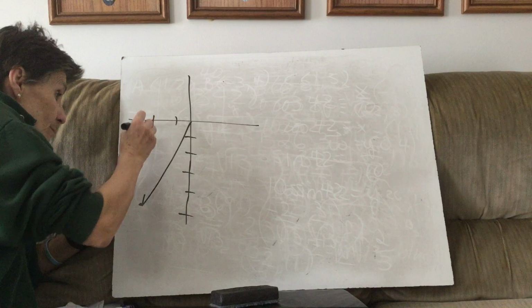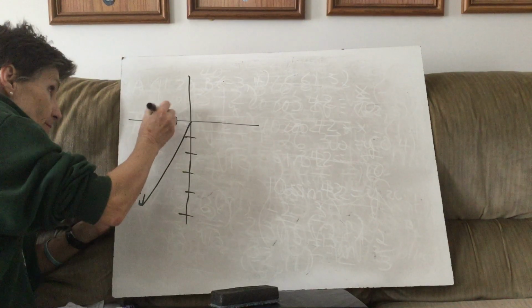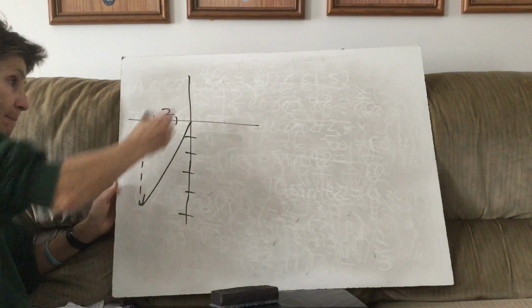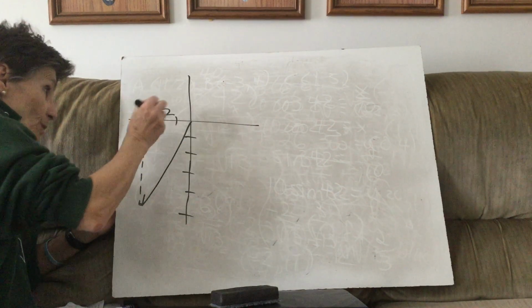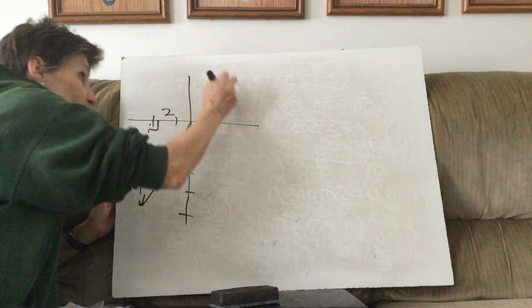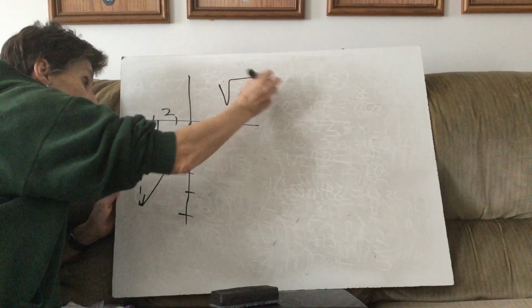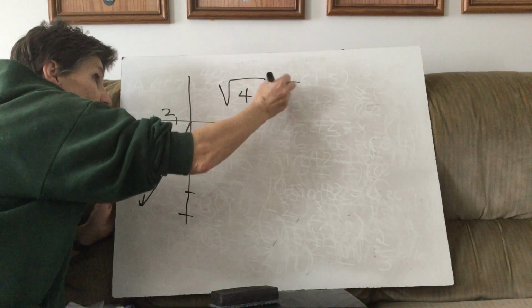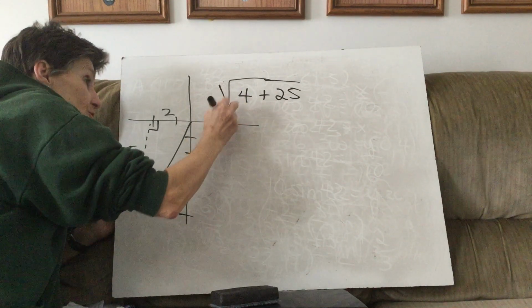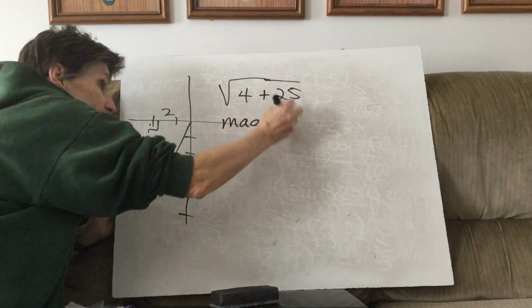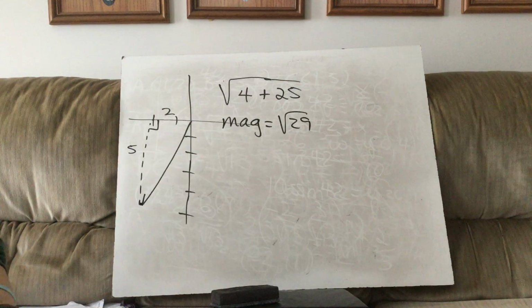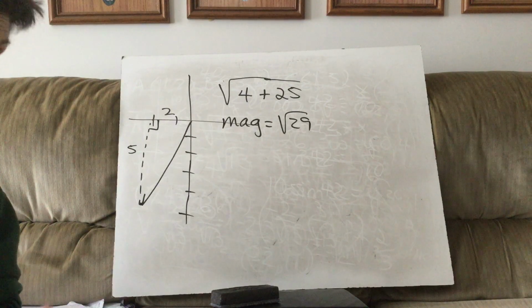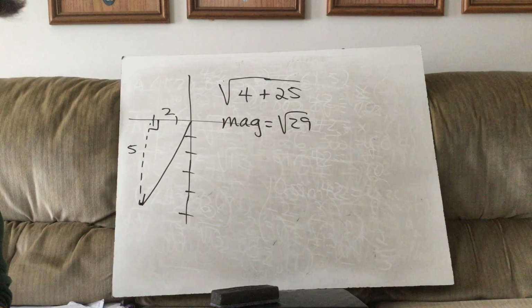So magnitude is easy. Pythagorean theorem, right here. We square the first one, 4. Square the second one, 25. So the magnitude of the vector is root 29. You square the first one, square the second one, add them together, and take the square root. So that part's easy. That's the magnitude.